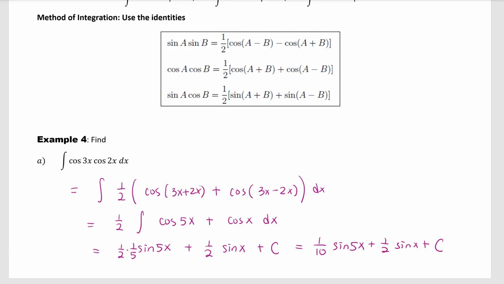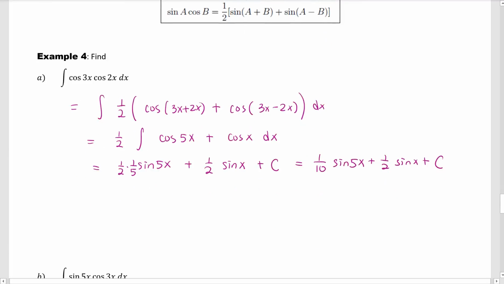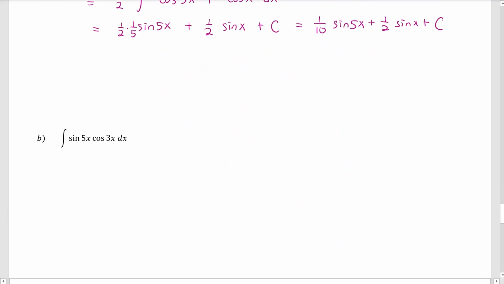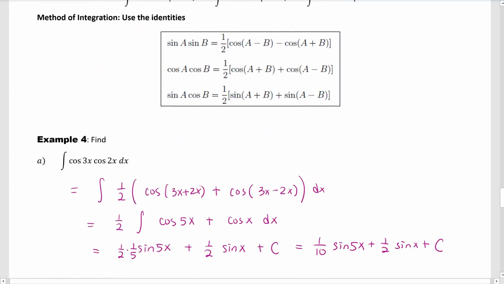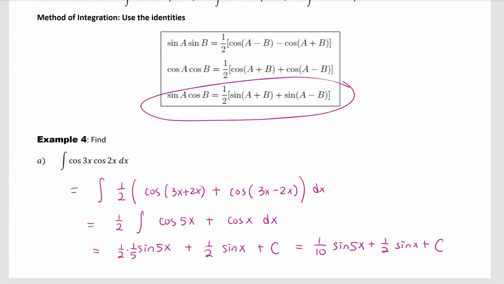All right, let's see. Okay, so sine, cosine right here. So 1/2 sine add the angles plus 1/2 sine subtract the angles.